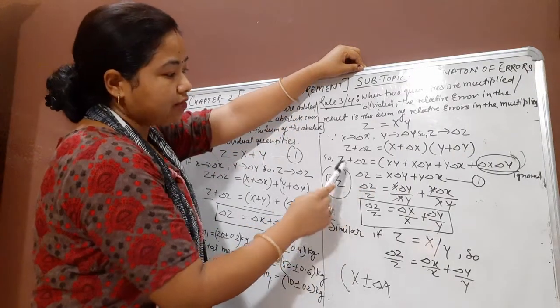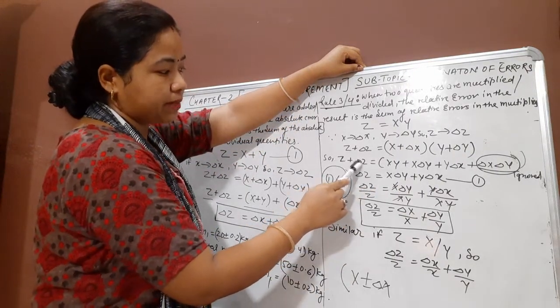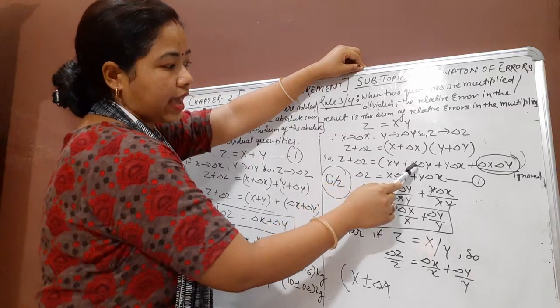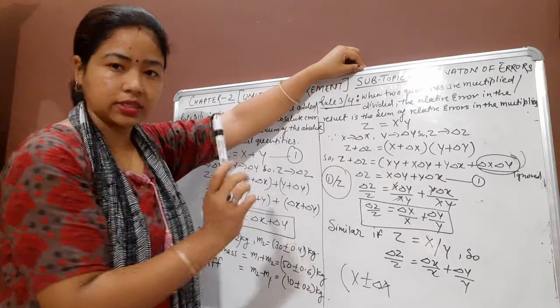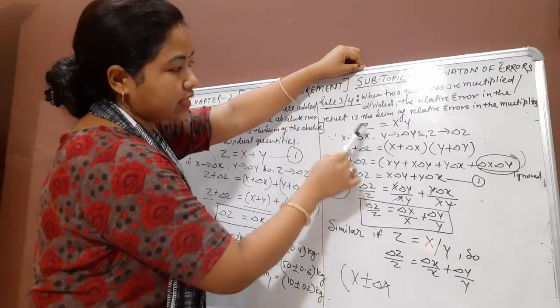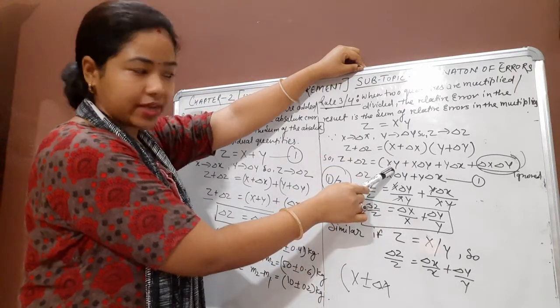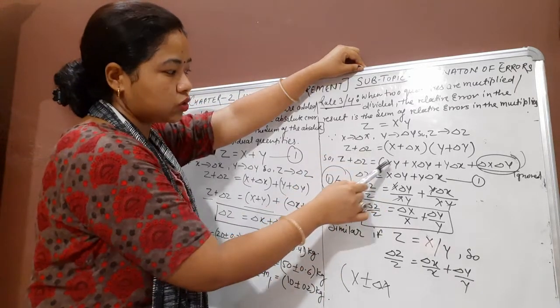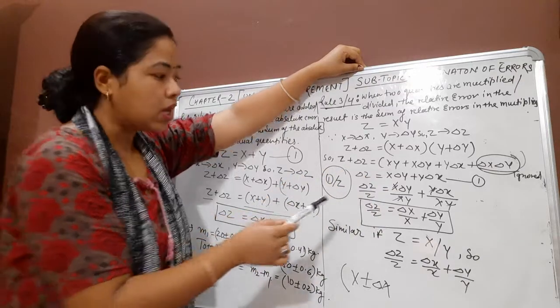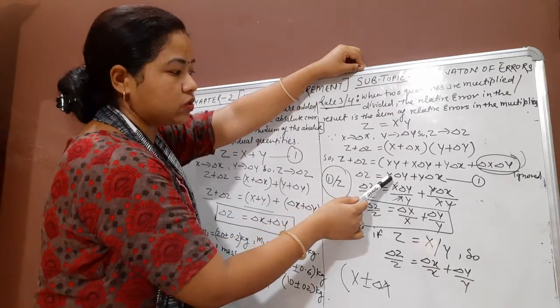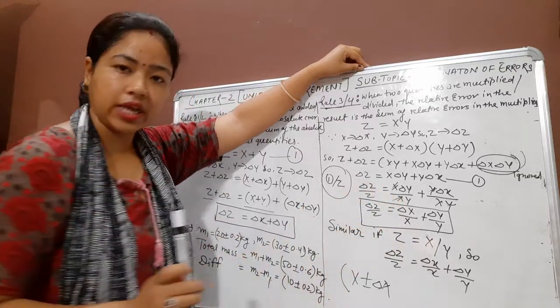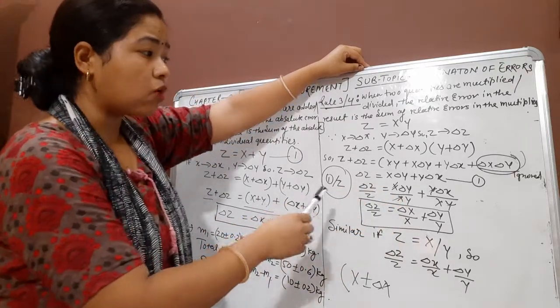So we only have z plus delta z equals xy plus x delta y plus y delta x. Now what is the value of xy? That is z. So if we place z there, z on both sides will cancel out and we will have delta z equals x delta y plus y delta x, right?